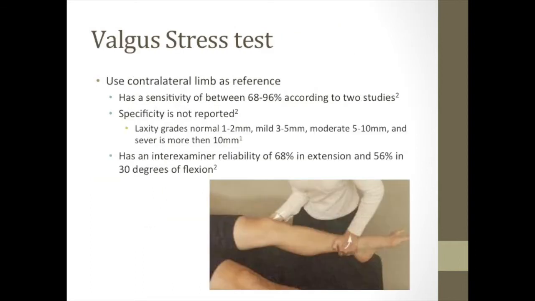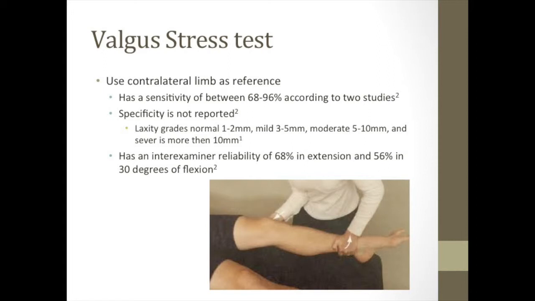Okay, so special testing for MCL sprains. Obviously, we are going to look at the valgus stress test. It has a pretty good sensitivity of between 68 and 96% according to two separate studies, with the specificity not reported.